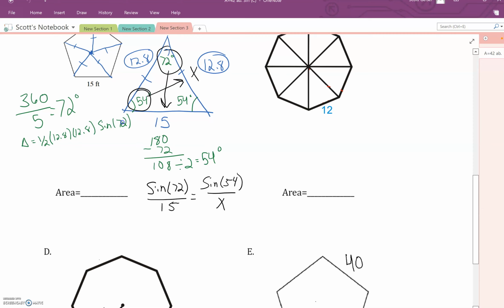So my area for one triangle would be something like 77.9. But I'd have to multiply that times 5 because there's 5 triangles. And then I would get something like 389.6.